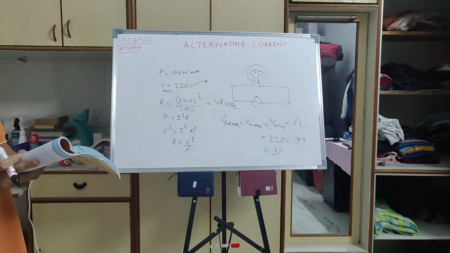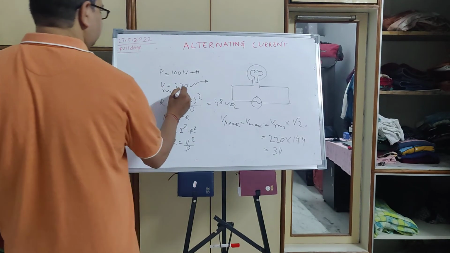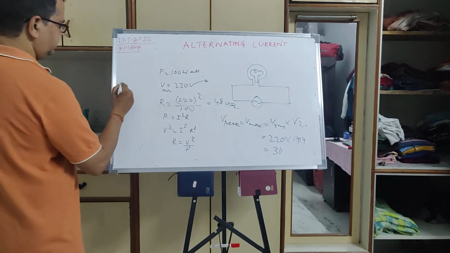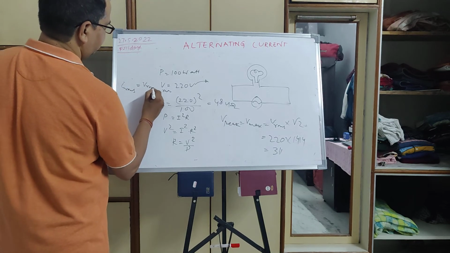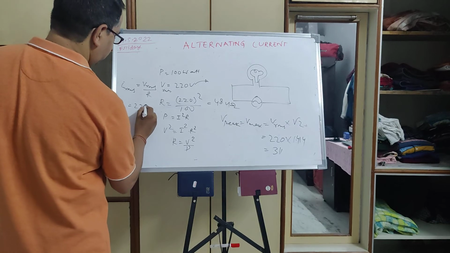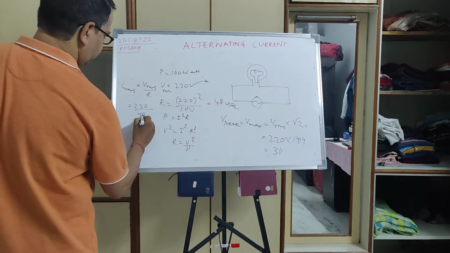Then the third part is the RMS current through the bulb. Now we know the RMS voltage is 220. Then what is the RMS current? IRMS is equal to VRMS by R. VRMS is 220 and the resistance is 484.